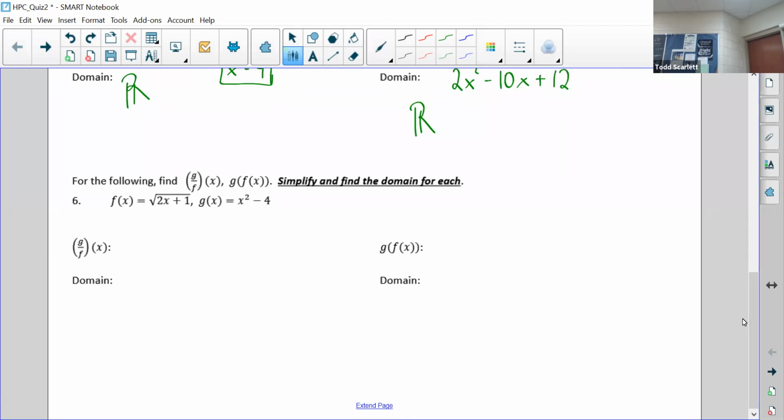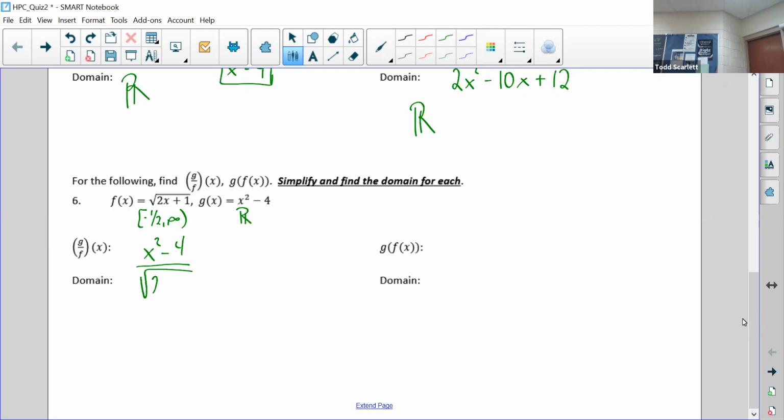G divided by f. Okay, again, you're using two different functions. F has a domain from -0.5 to infinity. G has a domain of all real. So when I combine them, I have to combine both of these sets. All right, g divided by f. Well, g is x squared minus 4.